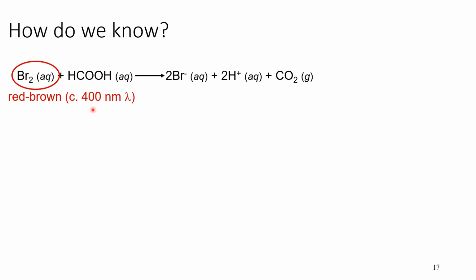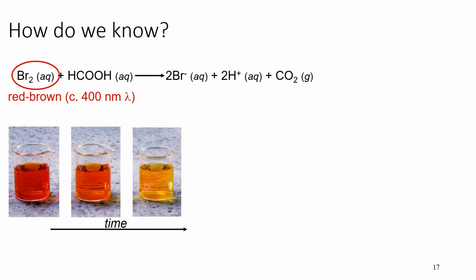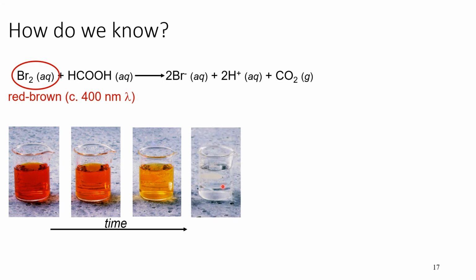Maximum absorption at 400 nanometers, and so we can actually put that in an instrument, a spectrophotometer, and we can actually read the amount of this red-brown light that is absorbed here. And we can see how much there is. We can set up a standards curve and actually graph how much there is, and so we can watch it over time as the brown color fades out.